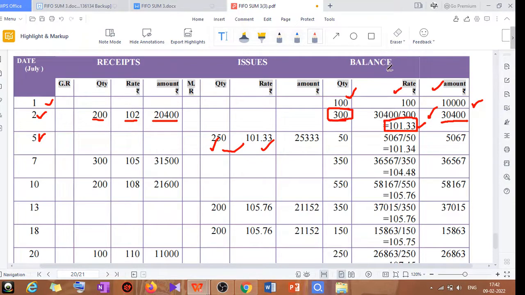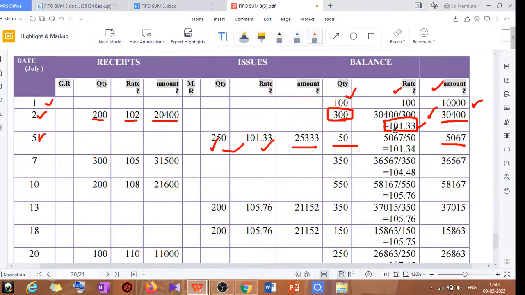Now, how to calculate the balance? 300 was there and issue was 250, so 300 minus 250, it will be 50. Clear? Then, what about the amount? 30,400 minus 25,333, it will be 5,067. Got it?